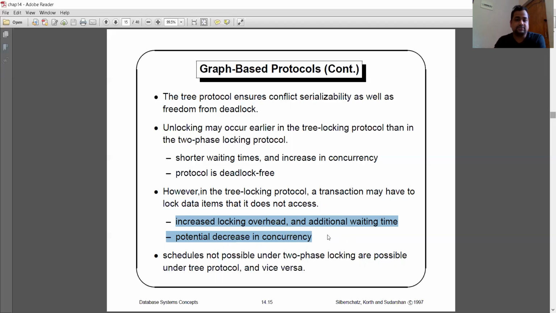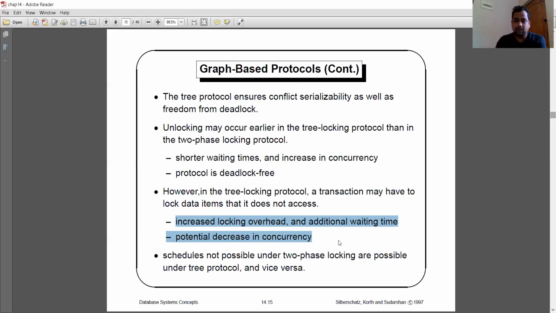So these are the disadvantages of this tree-based protocol. First, it increases the locking overhead. It can increase some additional waiting time. It can decrease the concurrency control.